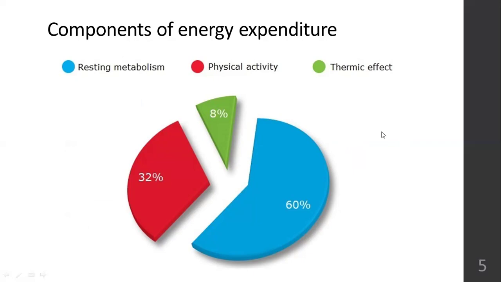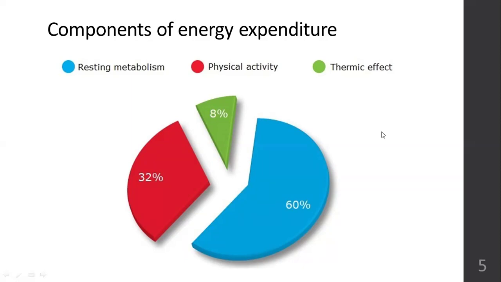Then components of energy expenditure: how your body utilizes the energy from food that you give. A major chunk of your energy is spent just on metabolism, resting BMR, the resting metabolic rate. You're not doing anything.